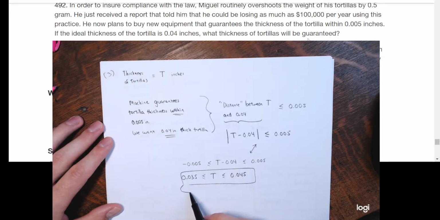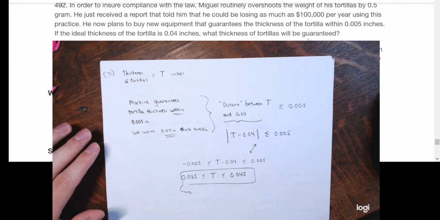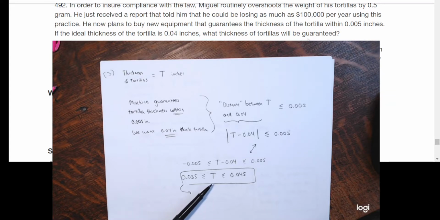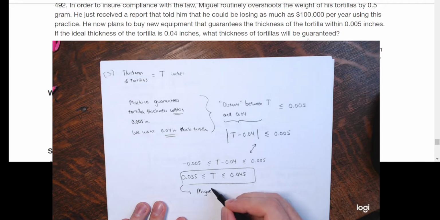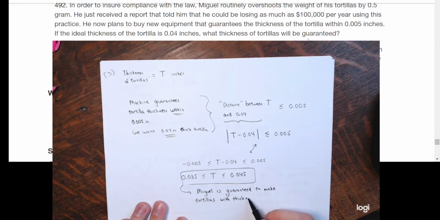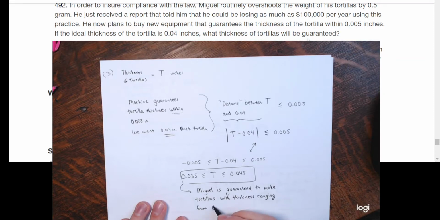Now, in a sentence, what this is saying is that using this equipment, Miguel is guaranteed to make tortillas with thickness ranging from 0.035 inches to 0.045 inches.